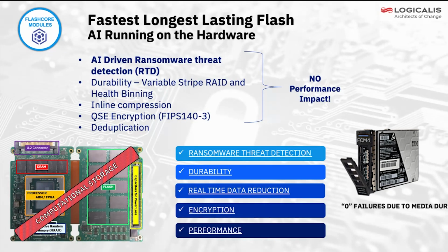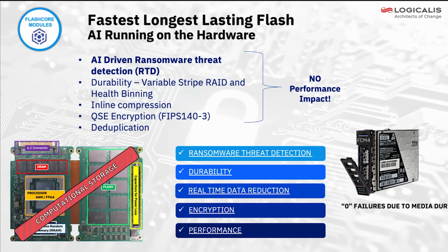The FlashCore modules, I know I've talked about them a lot, but they're a really important piece. They are the fastest and longest lasting flash in the industry right now. And we also have AI running on that hardware, like I've mentioned. We've actually never had a single FlashCore module wear out in the field. And that really speaks to their durability, obviously. That's due to a few things, mainly because we do variable striped RAID and we do AI-driven health binning on your data.